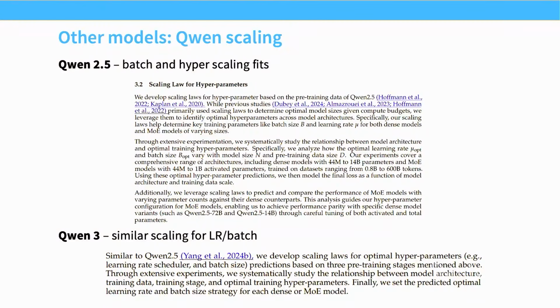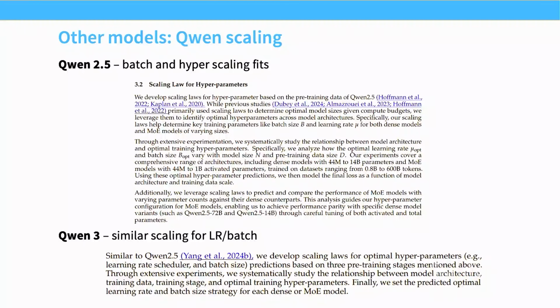So there are other models, more recent ones, that have nice scaling laws that they talk about. As I said before, though, I think a lot of this work is now known to everybody, and so no one is really putting a lot of this stuff into big sections in the paper. If you look at Qwen 2.5, they say something like, okay, we need to tune some optimal hyperparameters like batch sizes and learning rates.